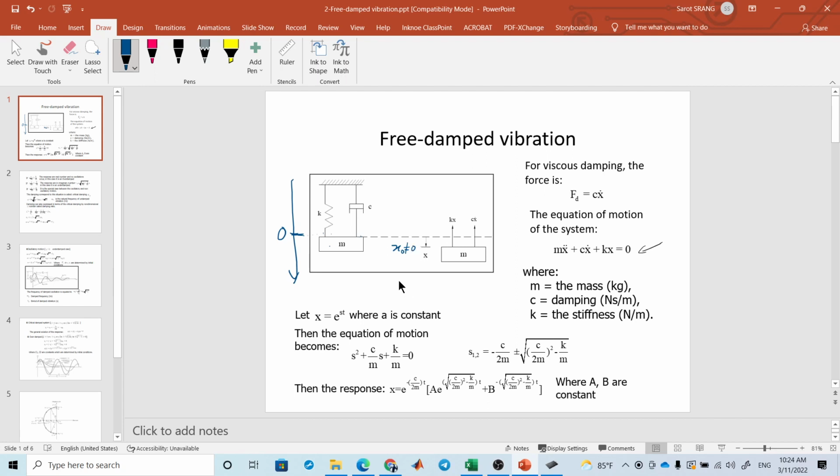You pull it and then you release it, and it will vibrate. The vibration is governed by this second order differential equation. And since the right hand side is 0, you can just analyze the homogeneous solution. You don't need a particular solution.